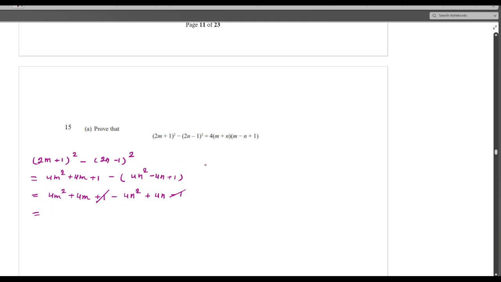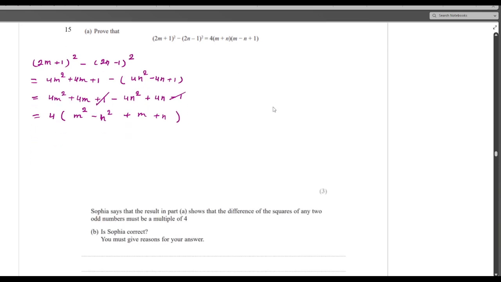Everywhere I have 4 common, so let us take 4 common. Then inside I have m square minus n square, and let us write them together, then I have plus m plus n. Now m square minus n square I can write as m plus n times m minus n, and here it is m plus n only.